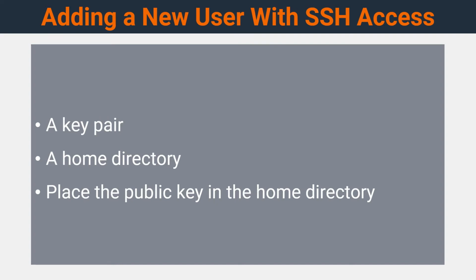Once the key pair and the home directory are both available, we should place the public key in the home directory of that user and share the private key with that user so he can use that private key to log into the EC2 instance. Once he attempts that, the private key he provided will be matched with his public key in his home directory. If it matches, he will be allowed access to this EC2 instance.